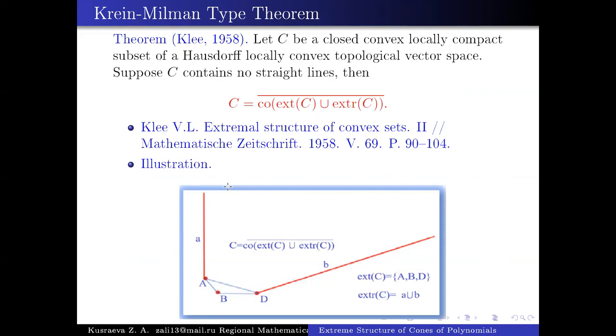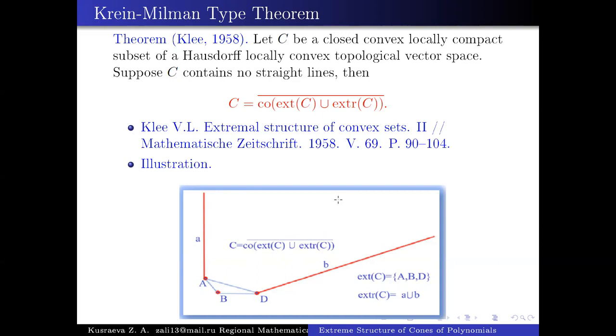Klee's theorem, which was obtained in 1958, tells us that a closed convex locally compact subset C of a linear topological space which does not contain straight lines coincides with the closure of the convex hull of the union of extreme points of C and extreme rays of C. The illustration you can see here on the slide.